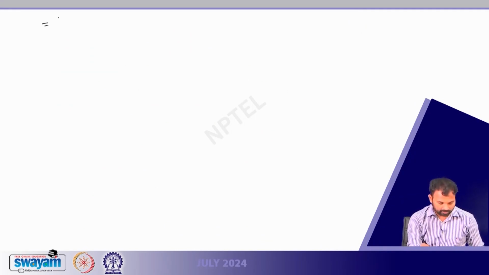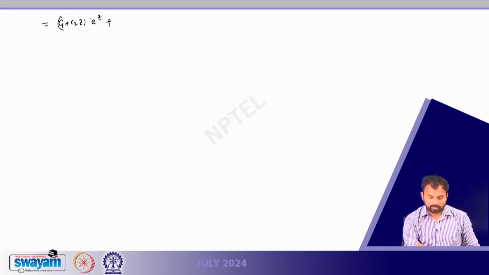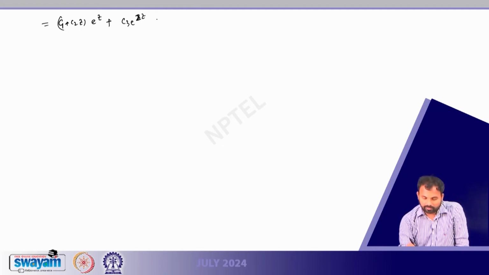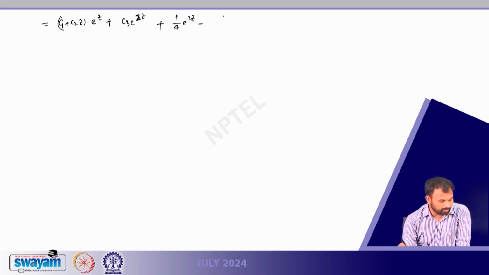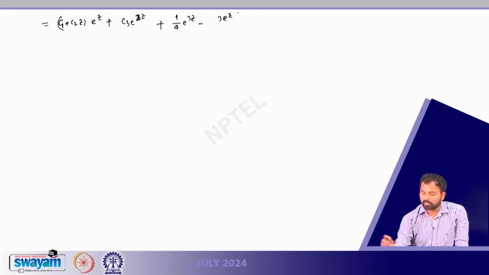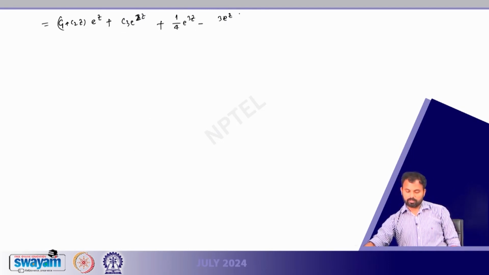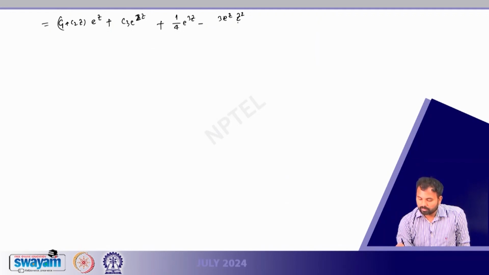I think it was c1 plus c2 z into e to the power z plus c3 e to the power 2z, plus whatever we had, 1 by 4 e to the power 3z minus 3 e to the power z times z square by 2. So, this is the required complete solution.